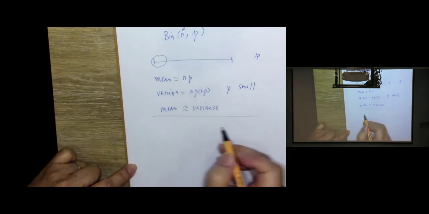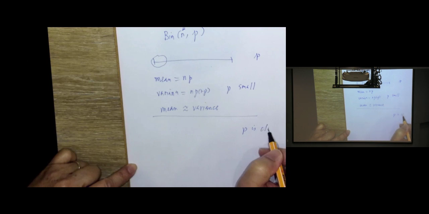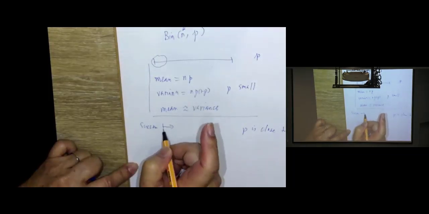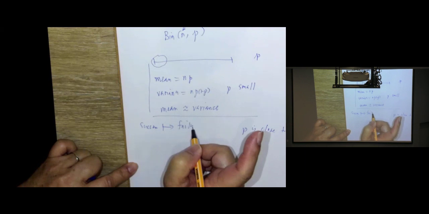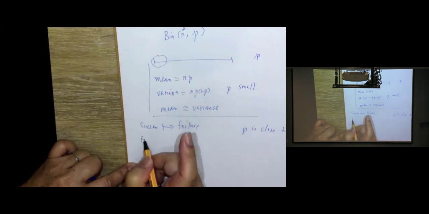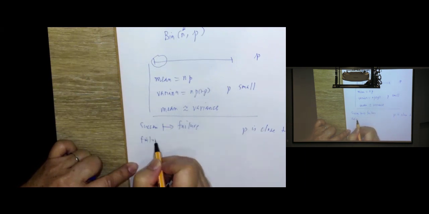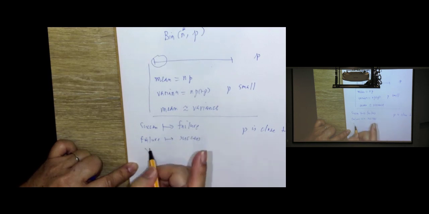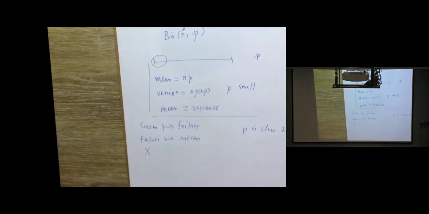Now when p is close to 1, we still have the trick. Because now we do it this way. Success, we call it failure, and failure, we call it success. So over here, x is counting the number of successes.